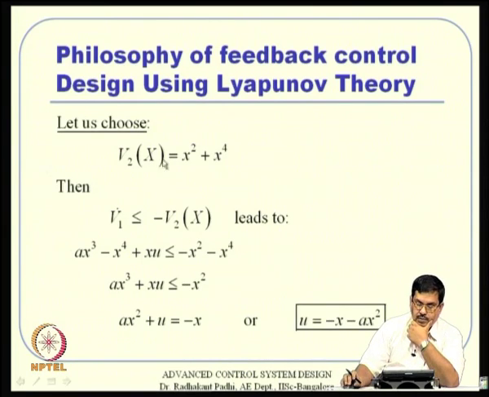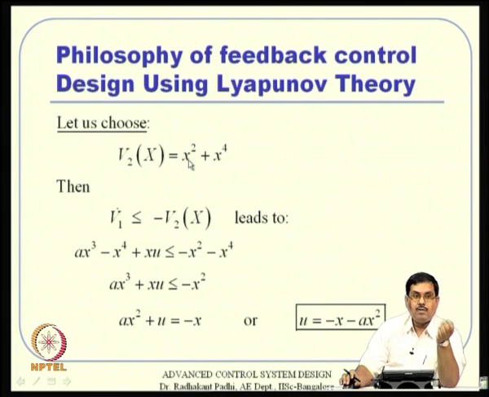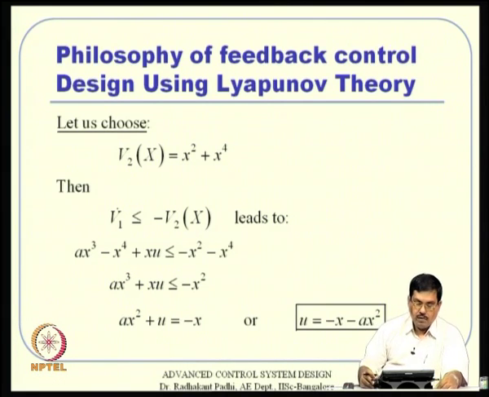So, let us see, we select something like V2, I mean probably our V2 selection was wrong. So, we will revise this V2 selection and say okay, let us consider V2 as x square plus x fourth instead. This is also a positive definite function by the way. Now, if you go back to this inequality again, that V1 dot is less than or equal to negative of V2 of x, then the same analysis will tell that u is instead like that.